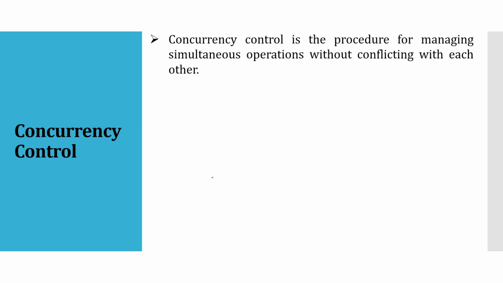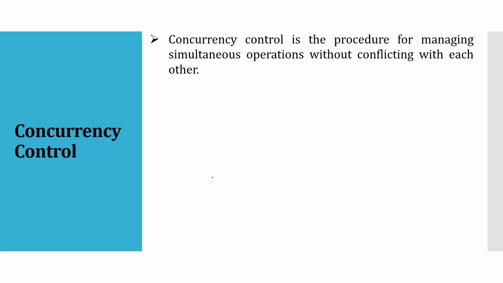So that is what concurrency control is. It is the procedure for managing simultaneous operations without conflicting with each other. That is the definition of concurrency control. So we are allowing two different operations to work together without having any conflicts between them.